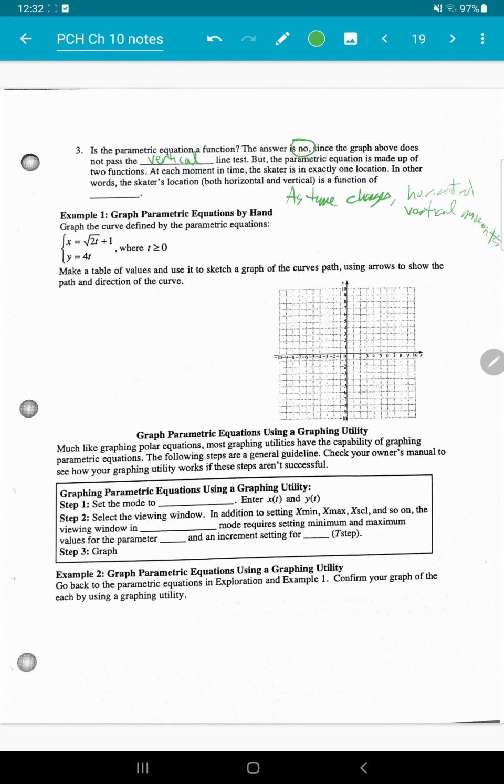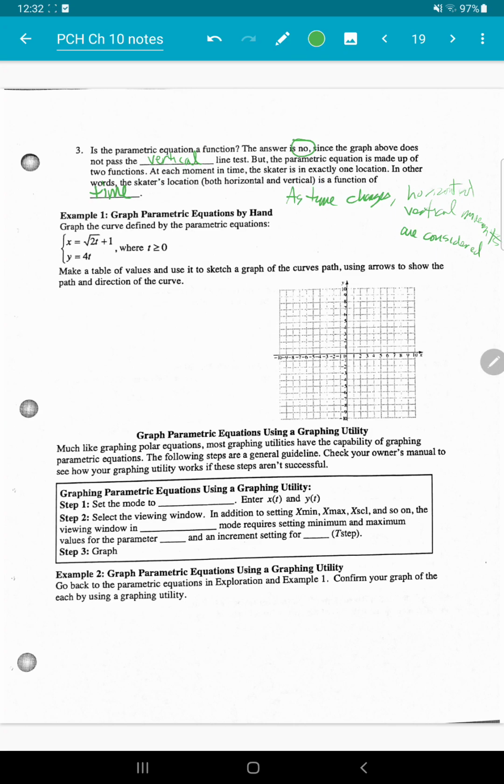Okay? Sorry, my pen is not really working very well. So horizontal and vertical movements are considered, and so that's why we have the two different equations. Okay. So keep in mind that both of those horizontal and vertical components are with respect to time. So time is the big factor with parametric equations.